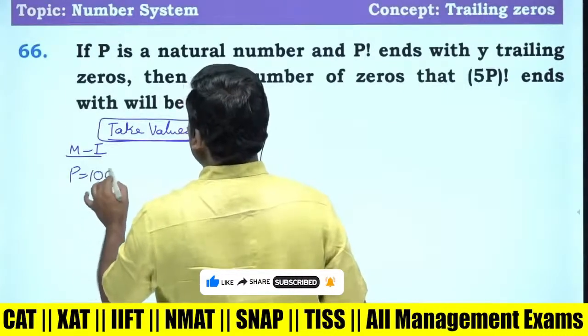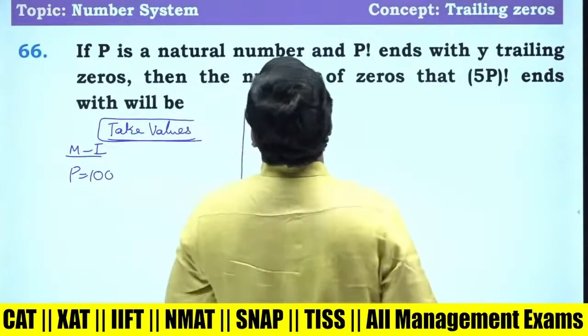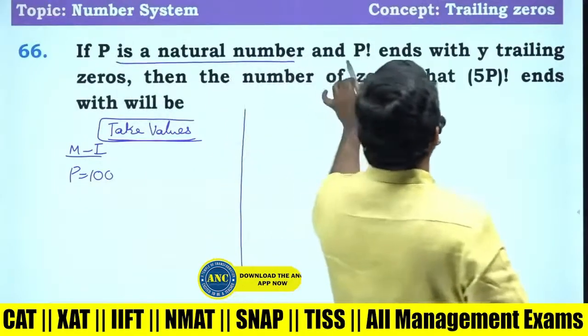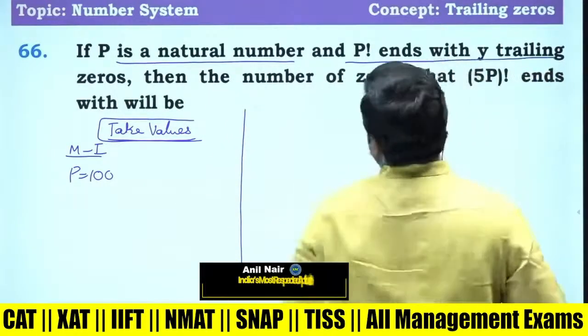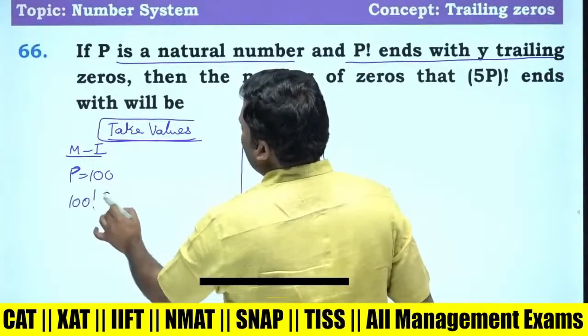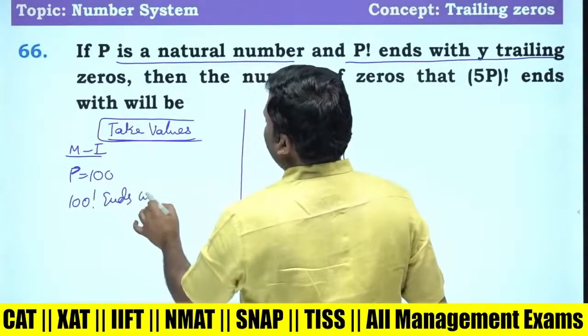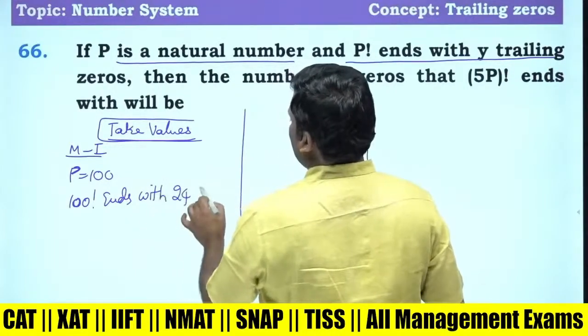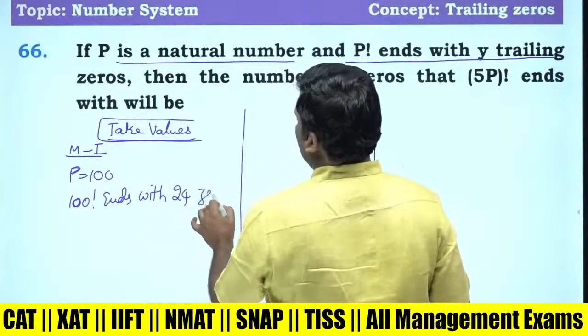Read the question first. P is a natural number, so I can use any natural number. 100 factorial ends with 24 trailing zeros.